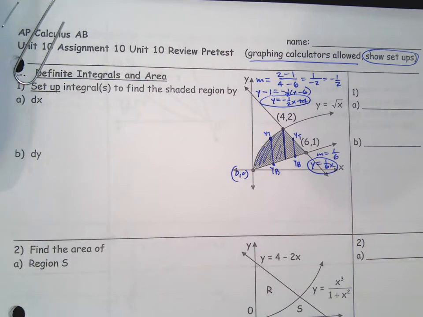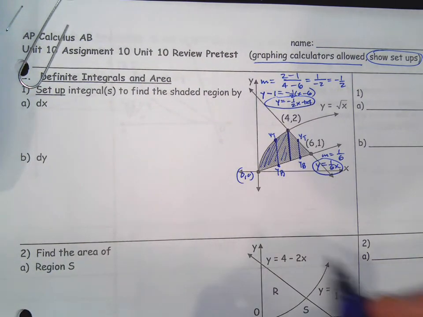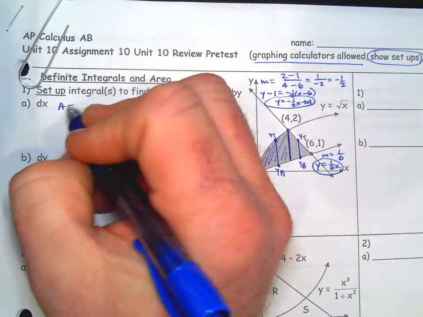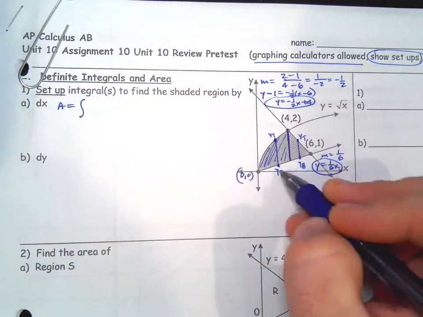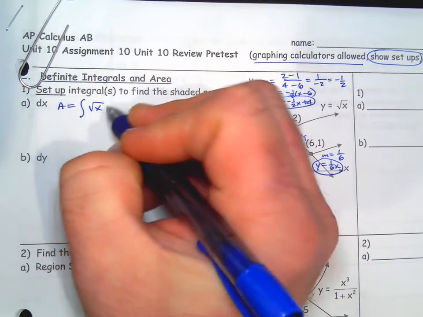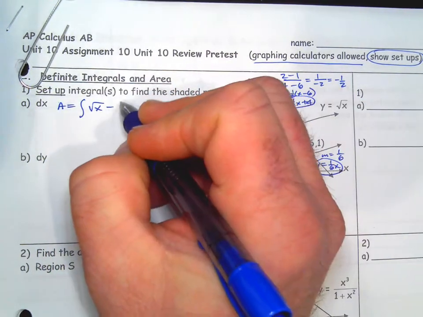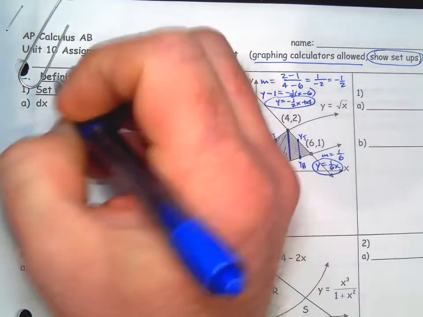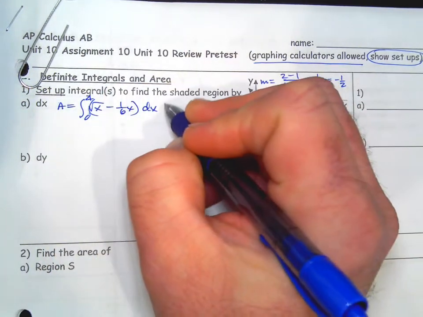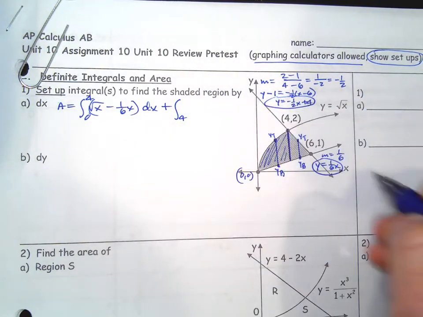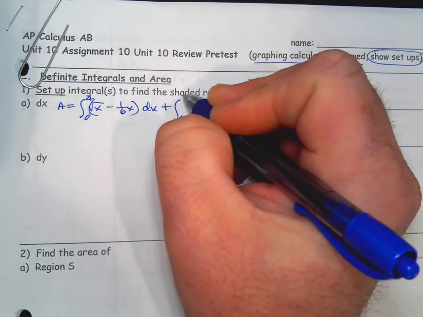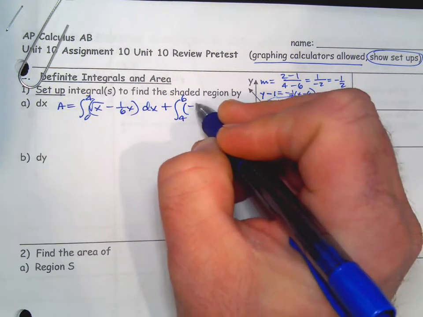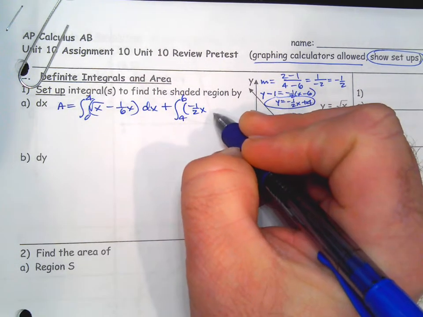So now we can start to do this. The area dx is going to be y top minus y bottom. So square root of x minus 1/6 x dx from 0 to 4. And then we're going to go 4 to 6. And y top is going to be this line, the negative 1/2 x plus 4.